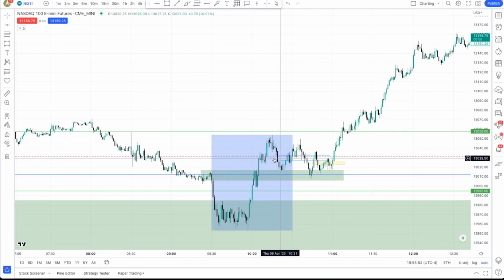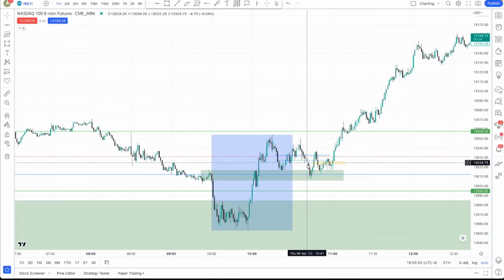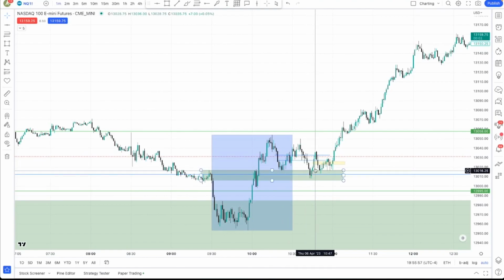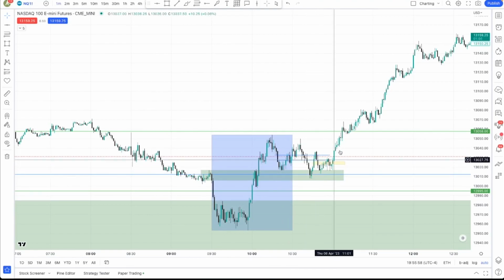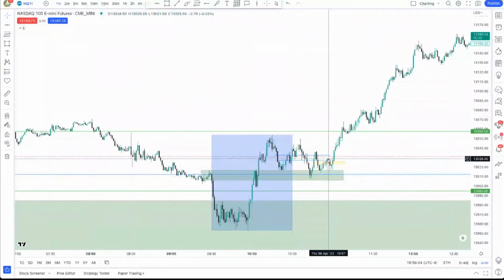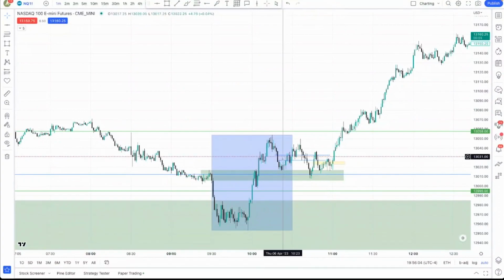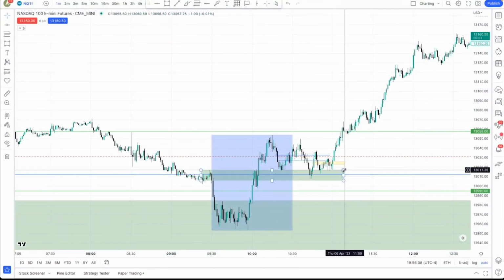We had a fair value gap right here where price ran up through, comes back down, goes up through, and then notice how it runs in through here, but it will not break the bullish breaker or this order block right here. And then eventually runs through this fair value gap again.